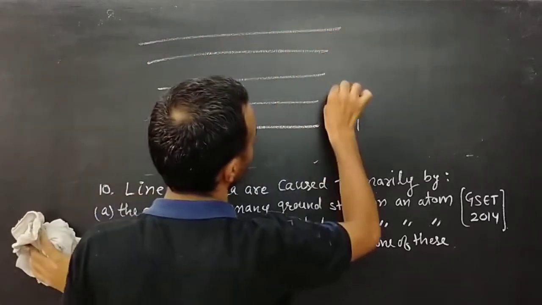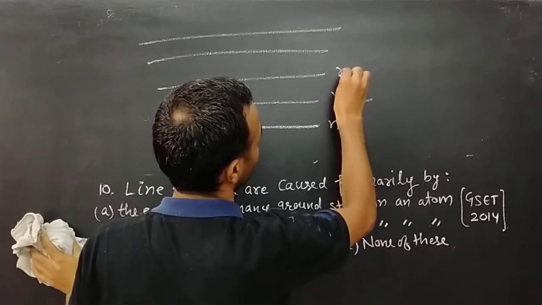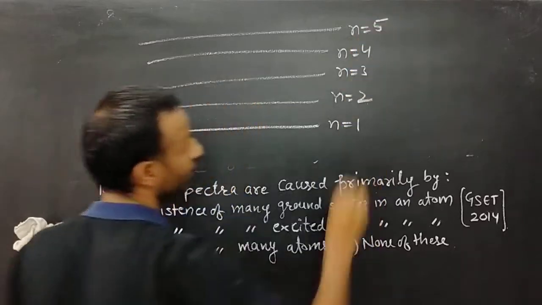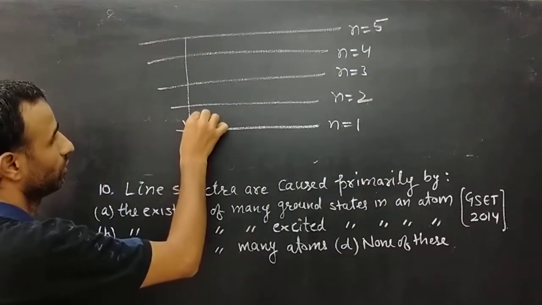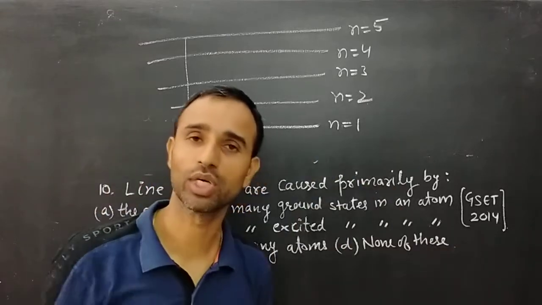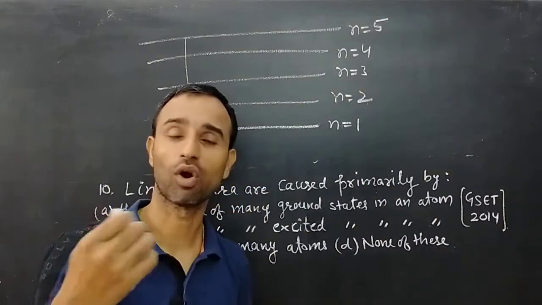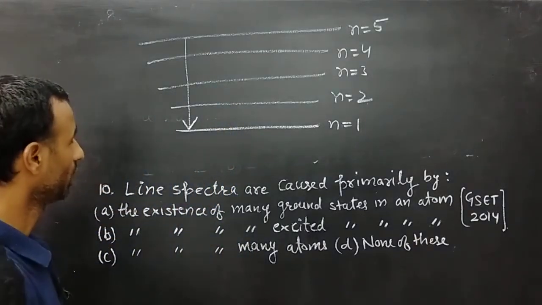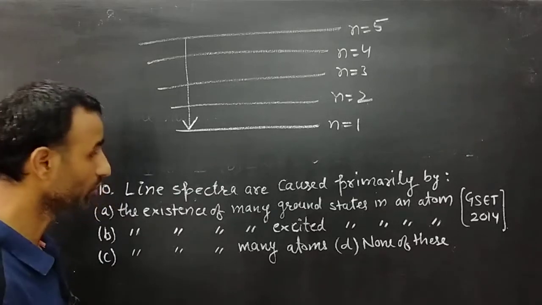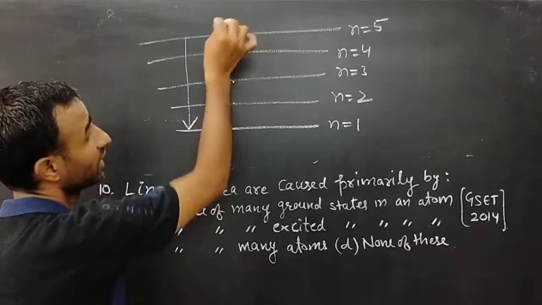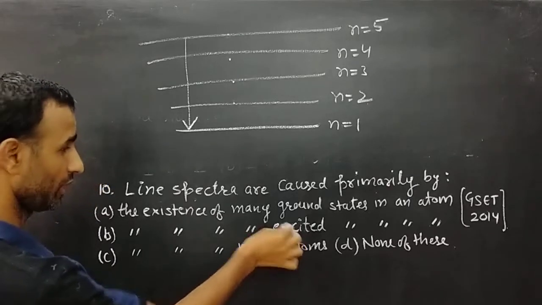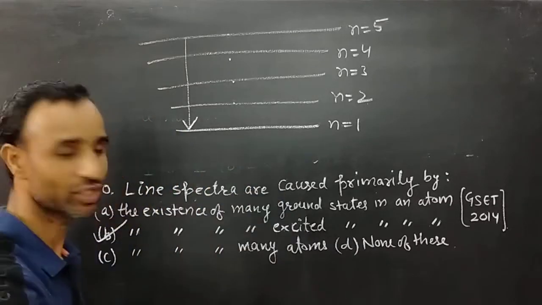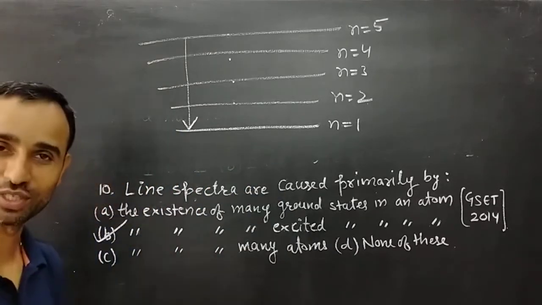From any excited state, first, second, third, fourth excited state, when the electron falls, it releases energy corresponding to some frequency, and that is called one line in the spectrum. So line spectra is caused because of the presence of many excited states in an atom. So B option is correct. Done. So these are the questions from GSET 2014.